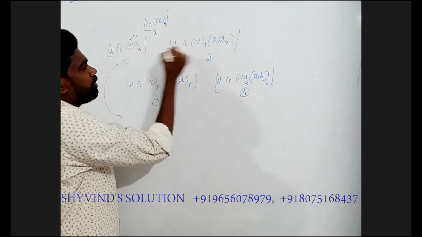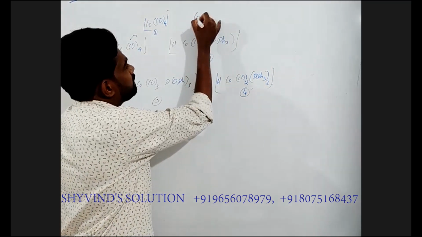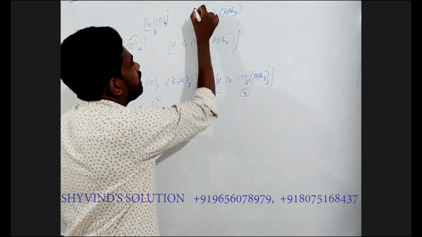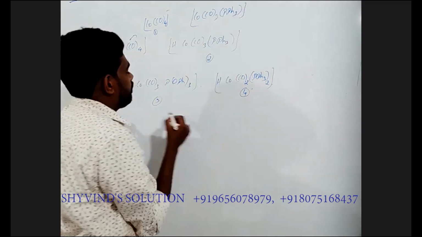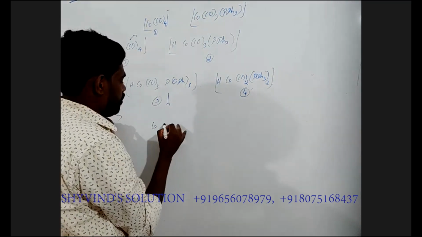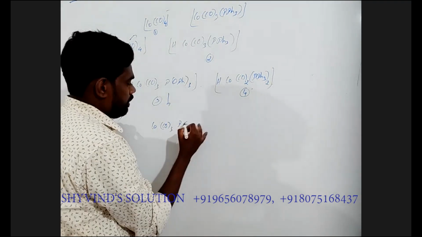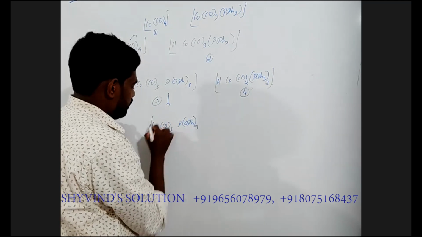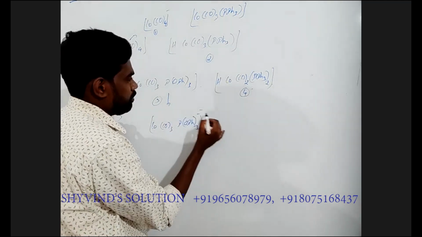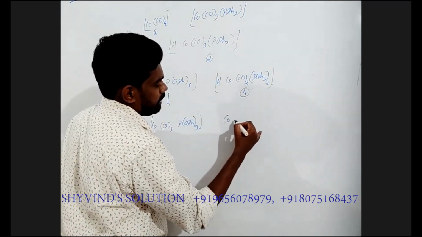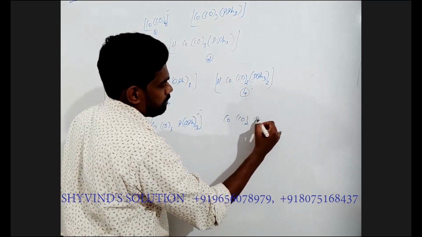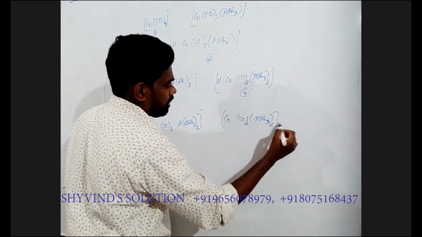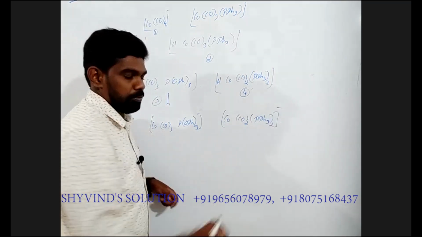This is the first anion, and the second molecule provides Co(CO)3PPh3 minus. The third anion is Co(CO)3P(OPh)3 minus, produced by the third molecule, and we have Co(CO)2(PPh3)2 minus, the anion produced by the fourth molecule.